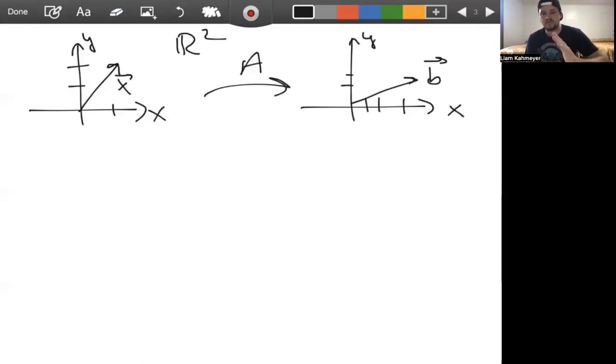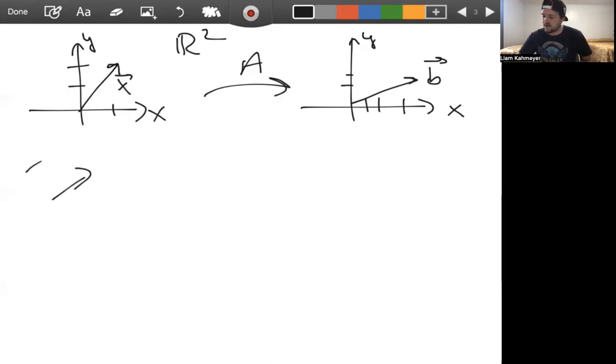If you think about doing this to every vector in R2, you can see it's taking every vector in R2 and transforming it, kind of flattening and extending. That's a transformation. If you think about all vectors, or a vector field, if you've taken Calc 3 or DiffEq, you're very familiar with or traumatized by vector fields.